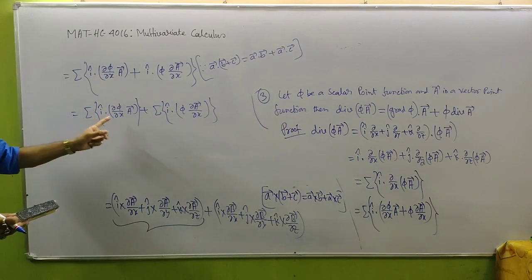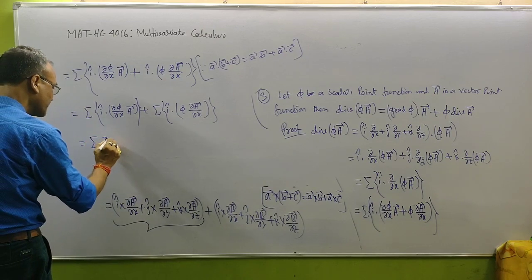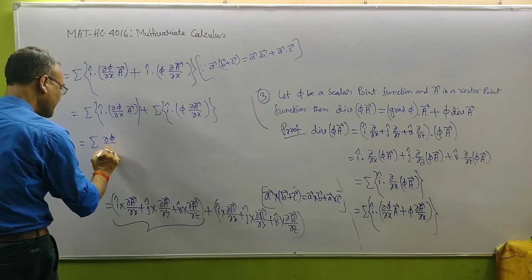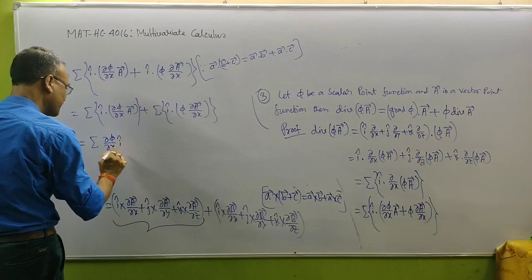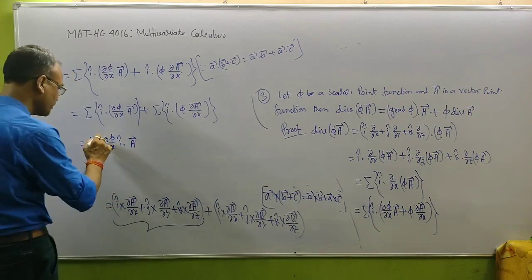Now, this is equal to summation ∂phi/∂x i cap dot A vector, plus summation phi i cap dot ∂A/∂x. Why I have written here, I am going to explain.